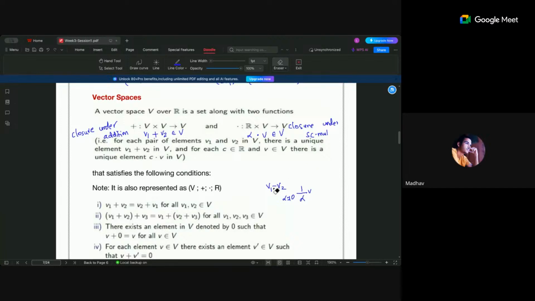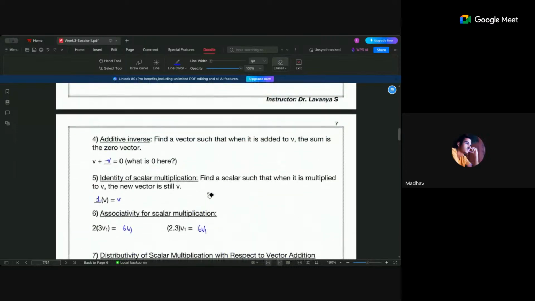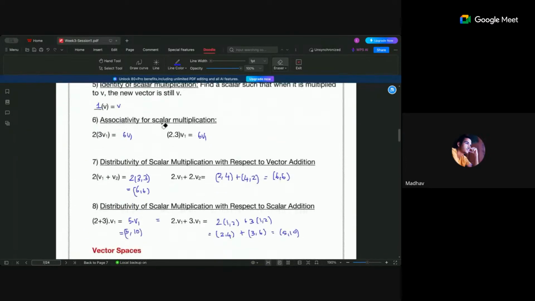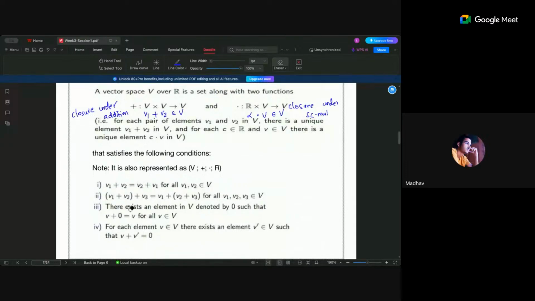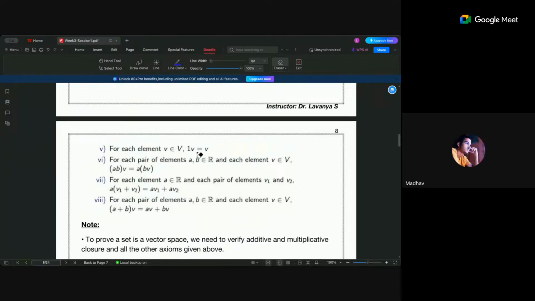Fine. So the first thing we are doing for vector spaces, we are first saying that the set should be closed under addition and closed under scalar multiplication. Next, we are saying that all the 8 properties which we saw above hold: addition is commutative, associative, existence of additive identity, existence of additive inverse, identity for scalar multiplication, associativity for scalar multiplication, and then distributive properties for scalar multiplication.